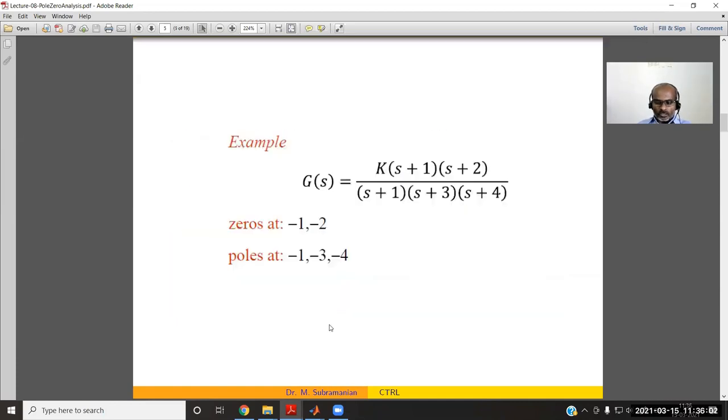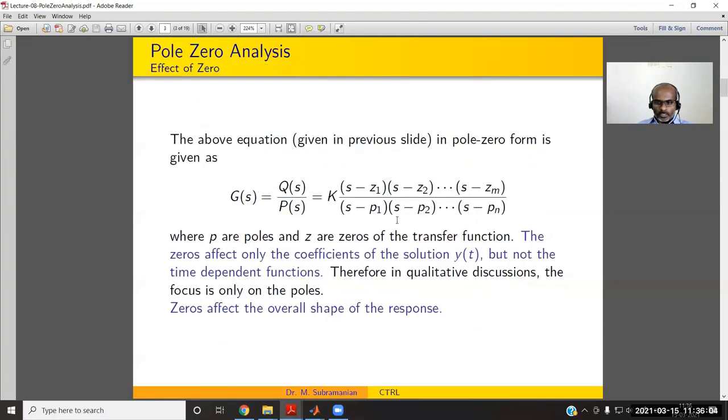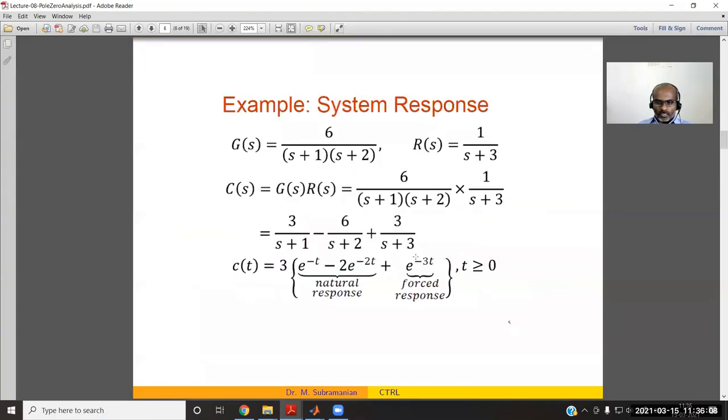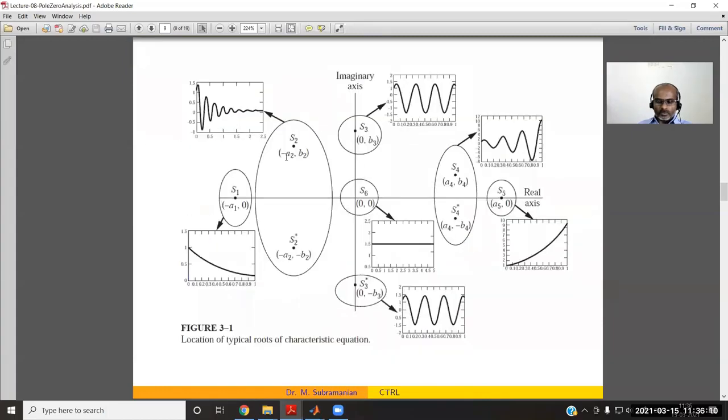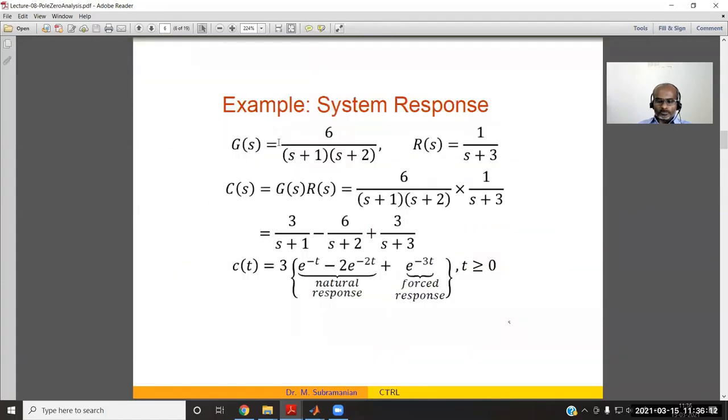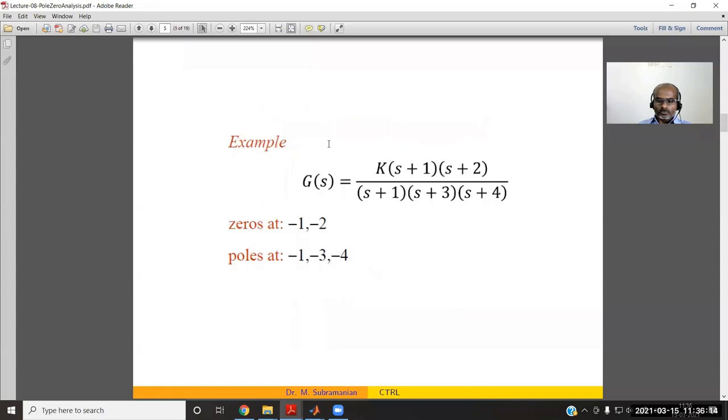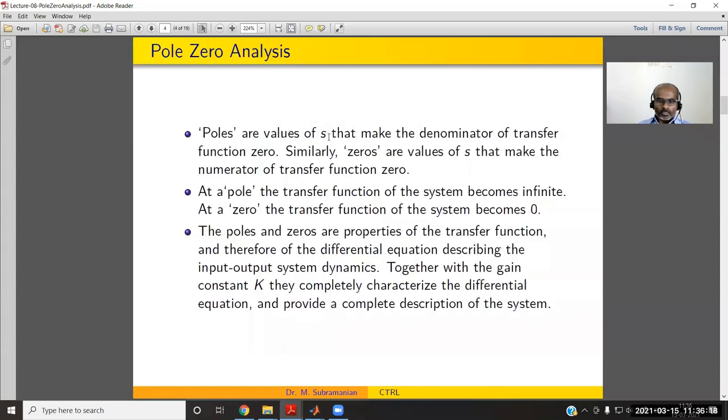Say suppose the poles are simply, I will represent these. Yeah, 1 minute. So the poles are the values of s that make the denominator of the transfer function 0.